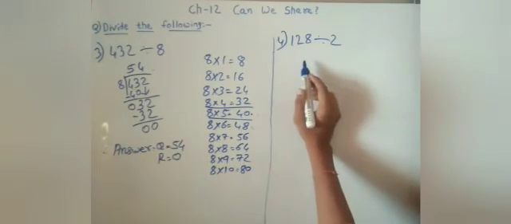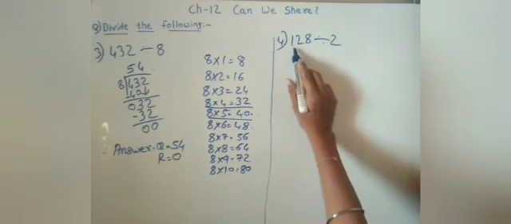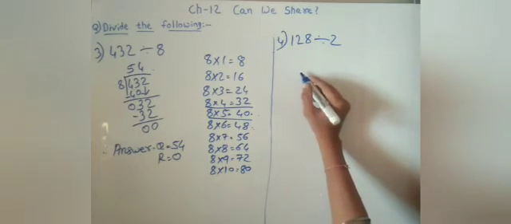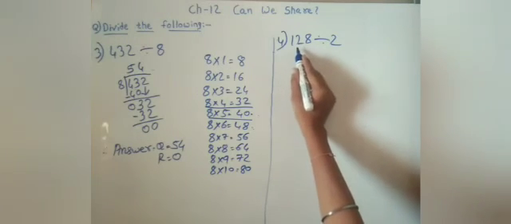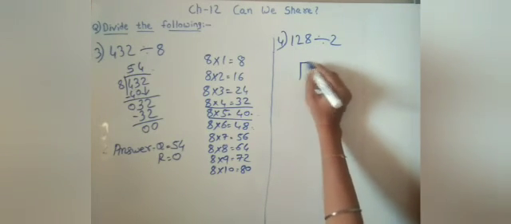Now let's move to another sum. That is 128 divided by 2. We have to divide the number 128 with 2.